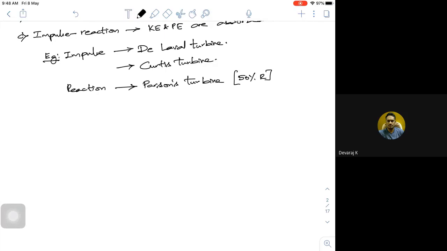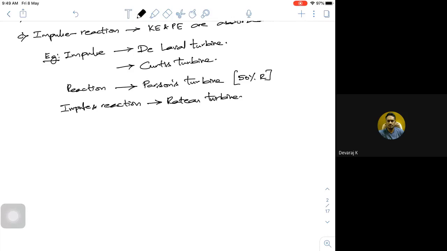And we have impulse and reaction combined, the Rateau turbine, developed by an engineer by the name Auguste Rateau. Classification wise, you don't need too much of classification. It is classified as impulse, reaction and impulse-reaction, and some examples.